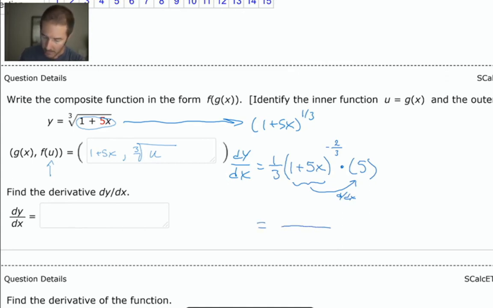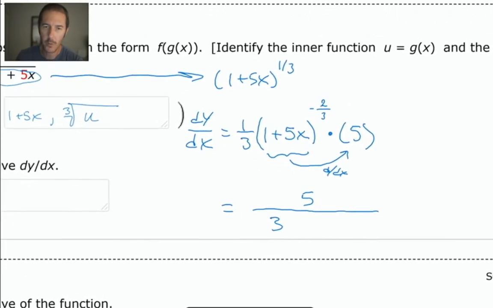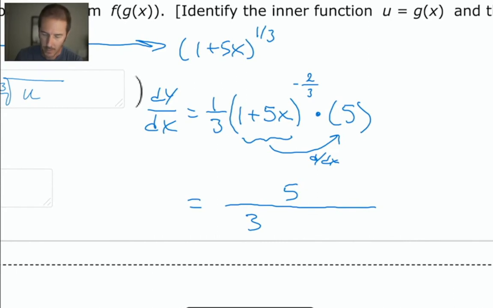It's a fraction. And what's going in the numerator? Almost nothing, just the 5. 5's going up top. That multiple of 3 from the 1/3 is going in the denominator. And then the other thing that goes in the denominator is 1 plus 5x, because it's to the negative 2/3 power, it needs to go into the denominator.